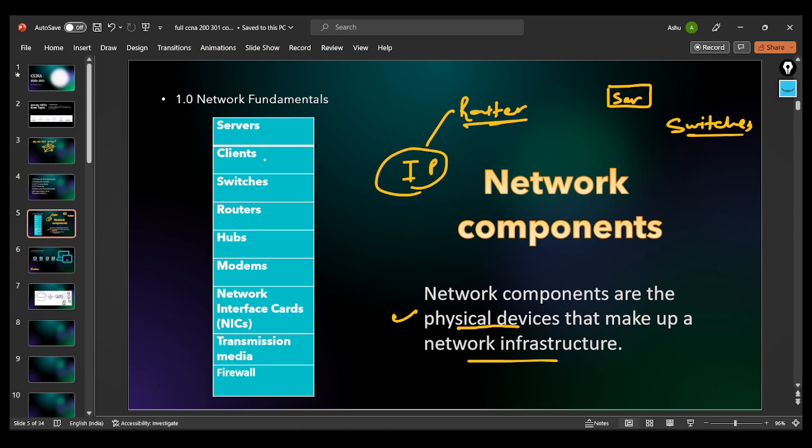So we use servers, clients, switches, routers, hubs, modems, network interface cards, transmission media, firewalls, VPNs, load balancers, network operating systems, wireless access points. There are many things, and many IoT devices.